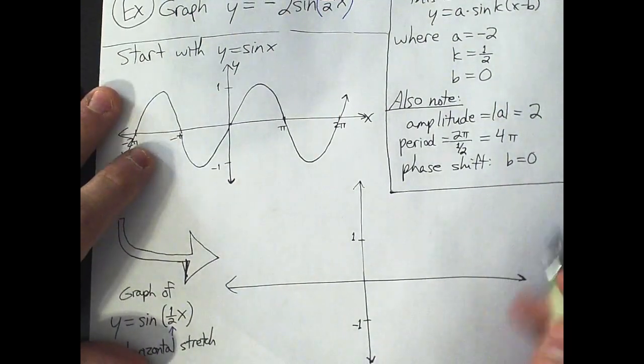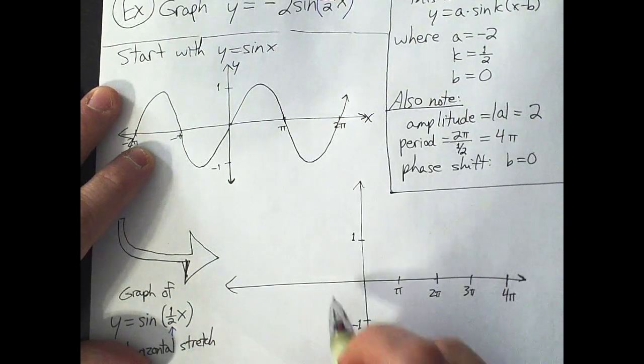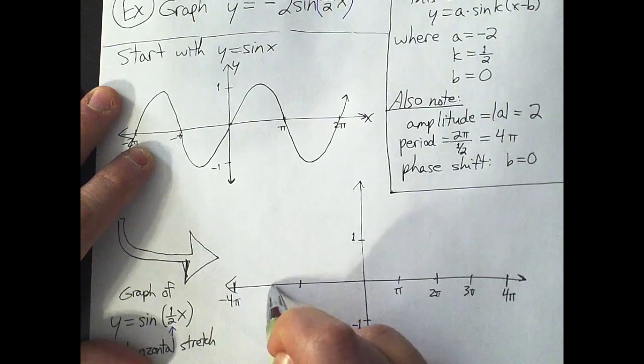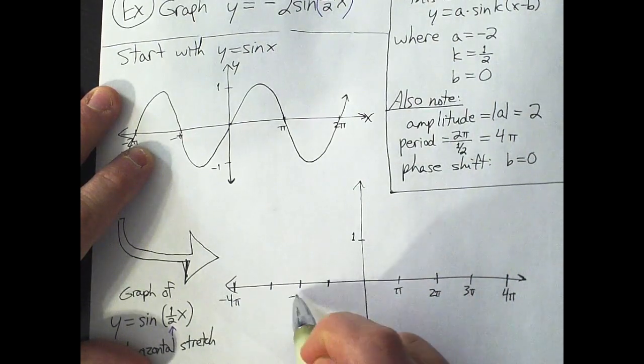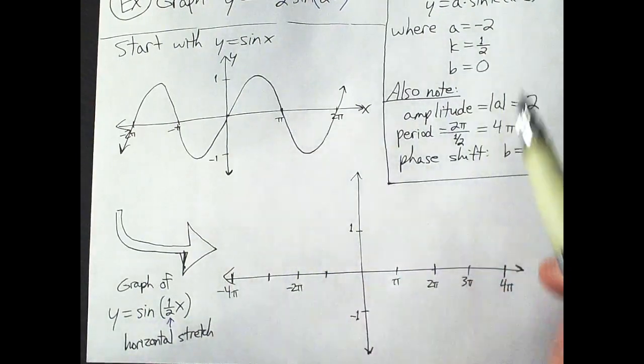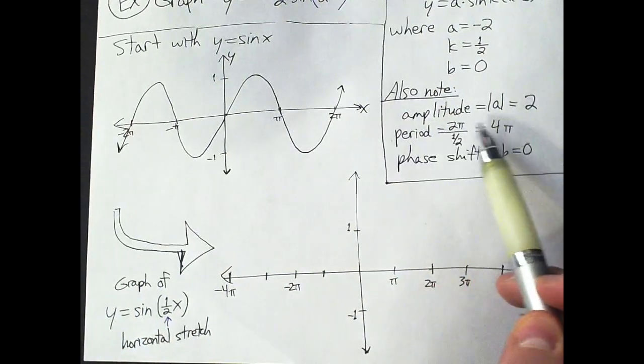So we could go out to about 4 pi, maybe. That would be a good idea. That means 2 pi is here, 3 pi is here, -4 pi. And now, we actually wrote over here in the side work, period equals 4 pi.